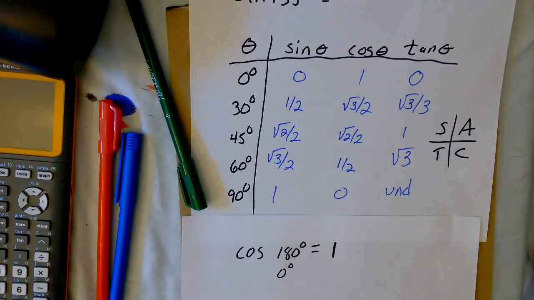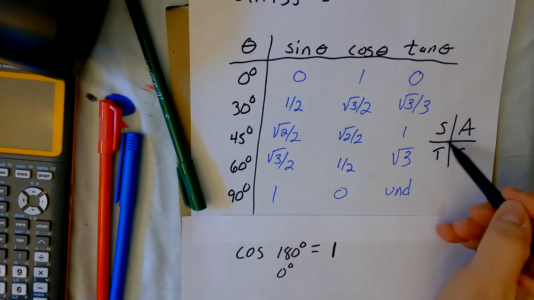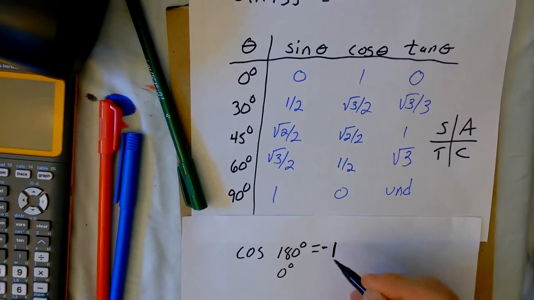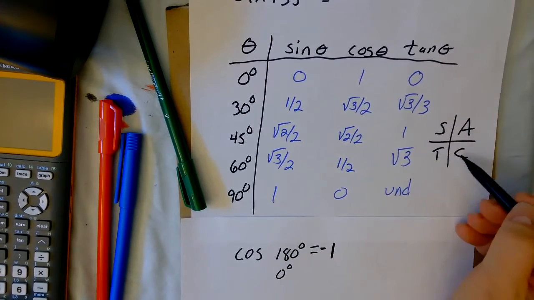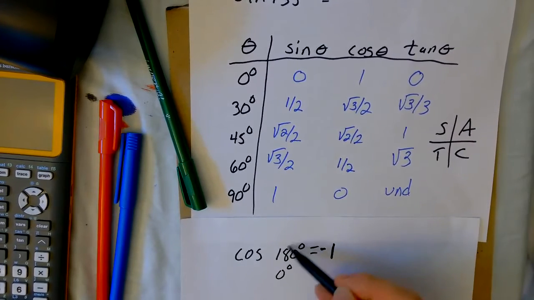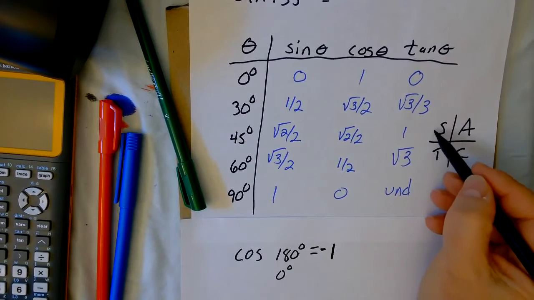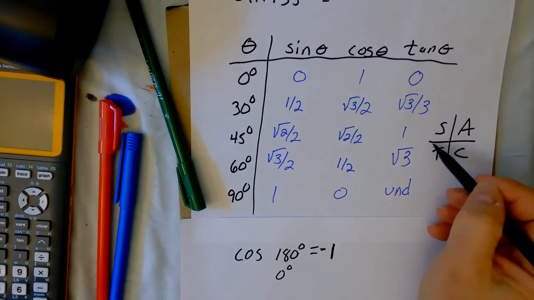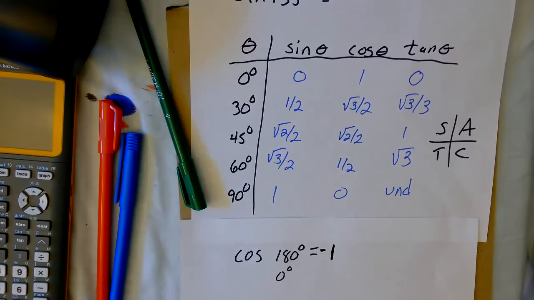And now with the quadrantal angles, whenever you get 1, you're really on the wrong side, so it's going to be a negative 1. Or another way to think of that is cosine's positive here in the first and fourth. Well, 180 is right on the border here between second and third. So cosine's negative here, it's negative there, it's going to stay negative here. So we're going to get a negative 1 instead of a positive 1.